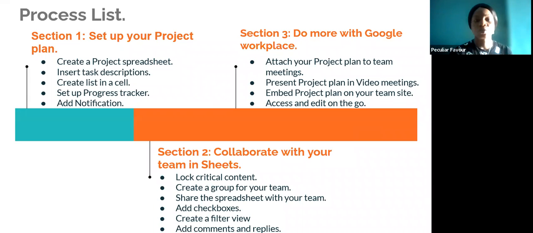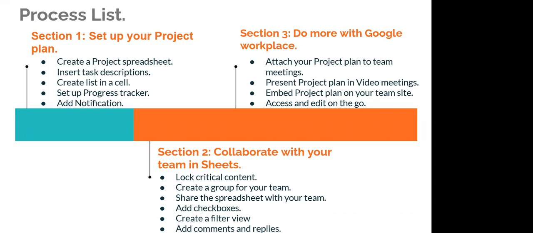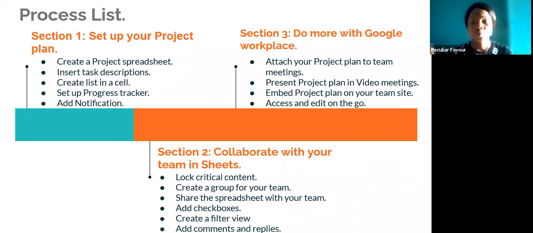You insert your task description. You create links in the cell, set up a project tracker, and add notifications. You can also collaborate with teams in this sheet. You look at critical content of that project by setting either the project timeline or project progress rate. That's it. You can also use this Google Sheet to do those things.